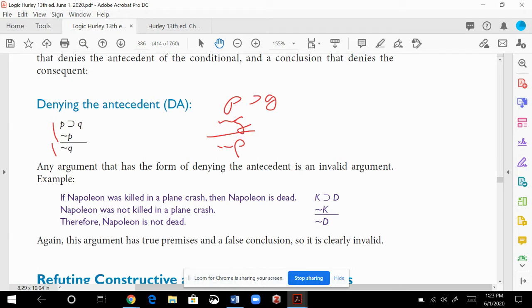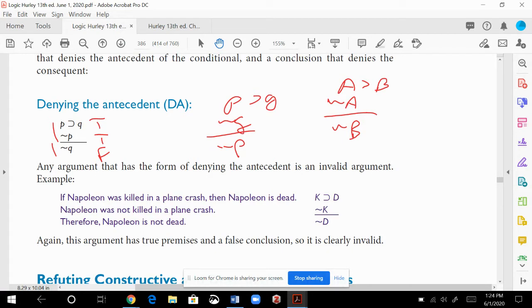So we could find an example where this premise is true, this is true, and the conclusion is false. Okay, so that's it. You can see it in a different form if you want. Whenever you see something like this, it doesn't work, it's invalid, it's denying the antecedent. You're not allowed to deny the antecedent.